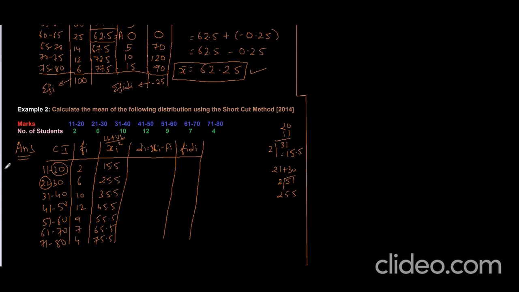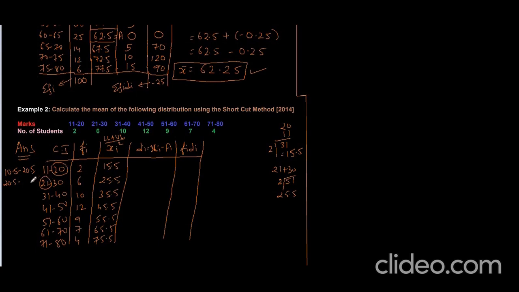In order to make a continuous frequency, we have to go like this: 10.5 dash 20.5. Actually what I was going to say is that from 11 we have to subtract 0.5, and in 20, in the upper limit, you have to add 0.5.